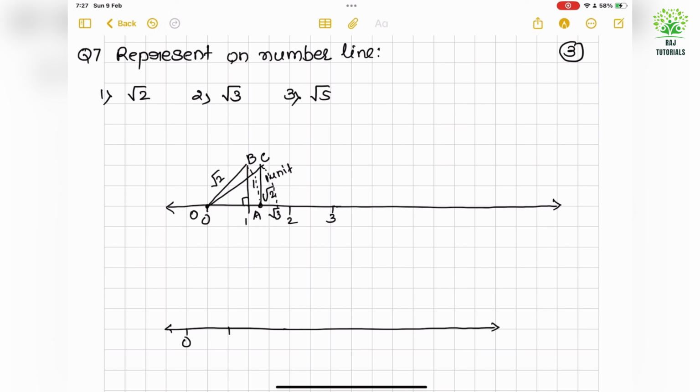Now, for root 5, I can directly also draw. Okay, suppose this is the number line on which I want to show. This is my 0, this is my 1, this is my 2. Now, I am taking the base as 2 units and a perpendicular of 1 unit. This is 1 unit.